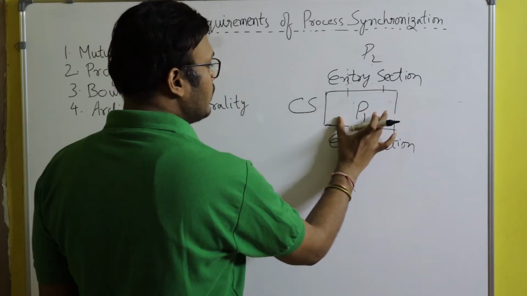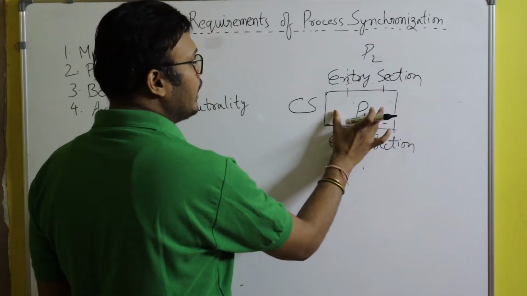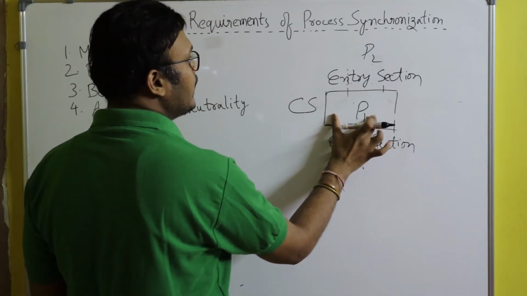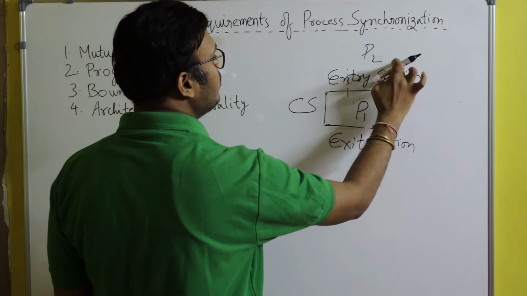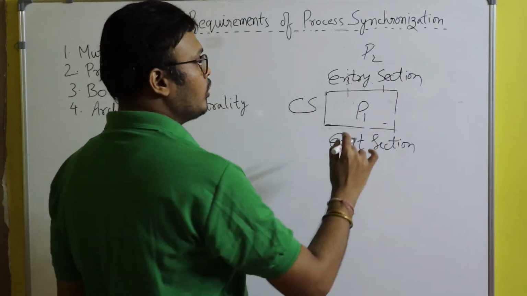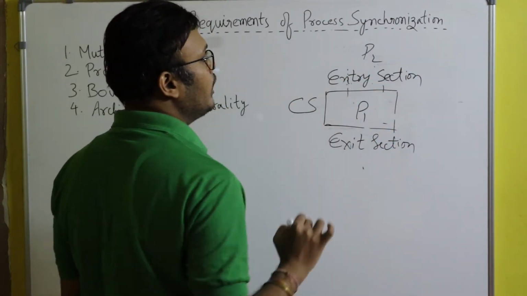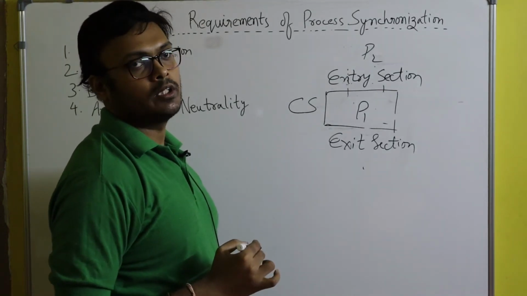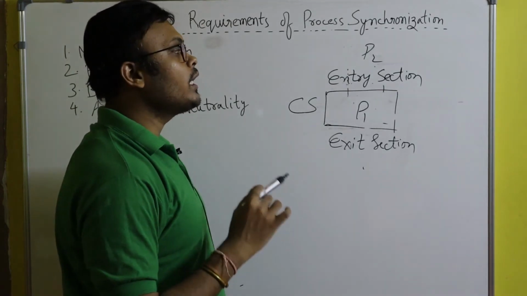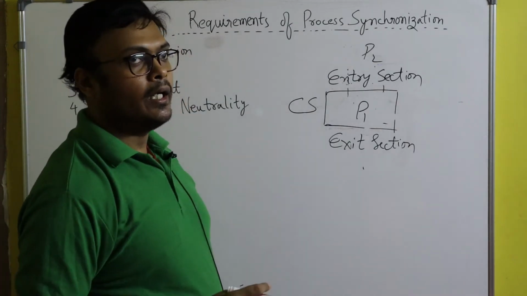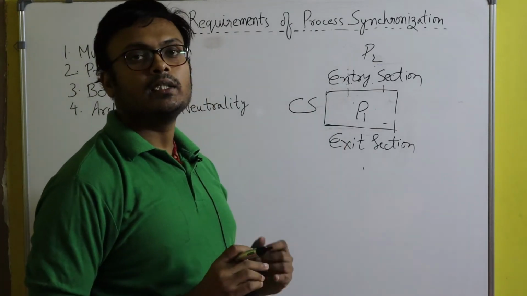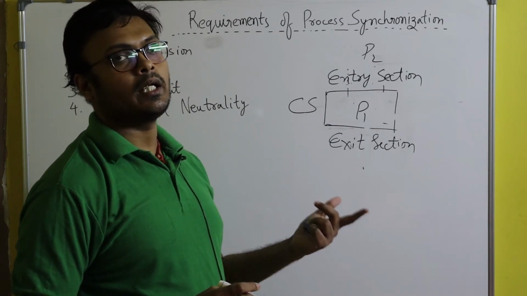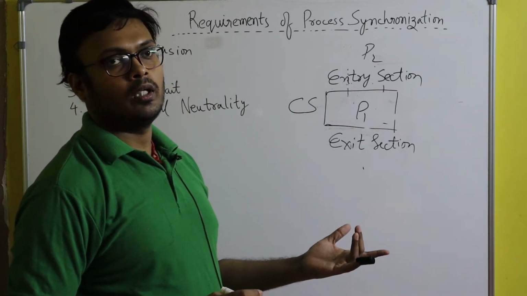But since the critical section is not vacant, process P1 is already present inside it, so P2 will be blocked. P2 will not be able to enter inside the critical section. So this is all about mutual exclusion. The entry section codes are written in such a way that they allow only one process to enter inside the critical section.